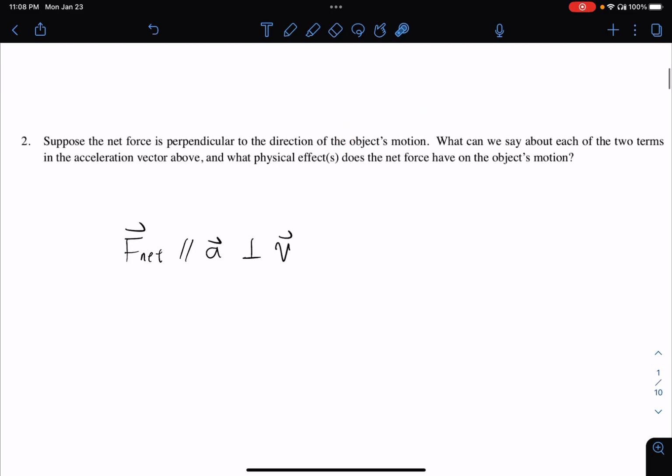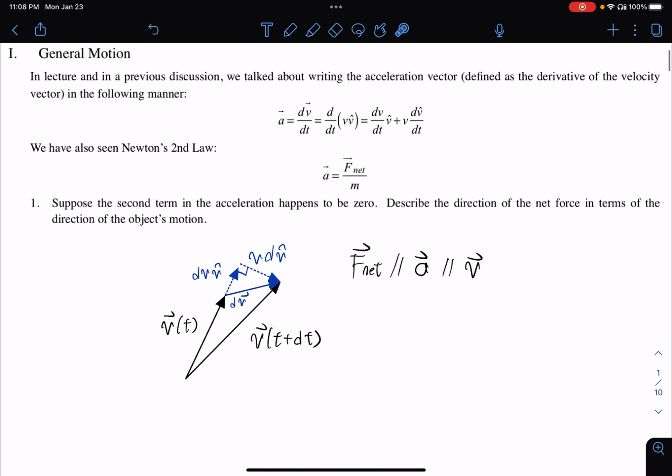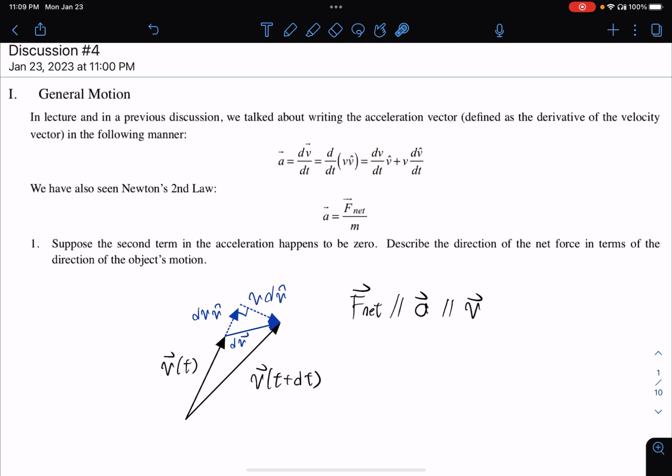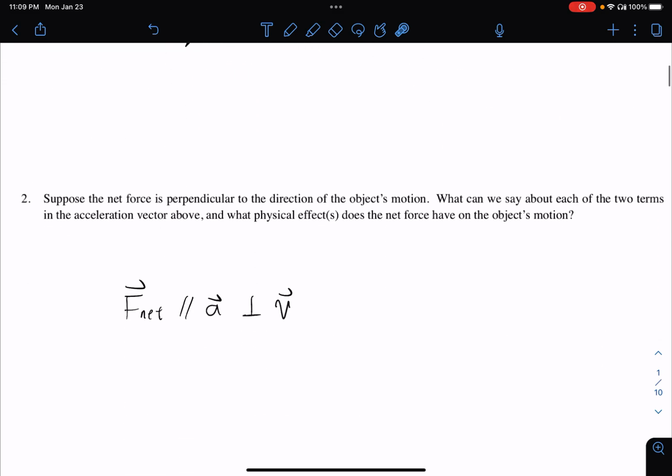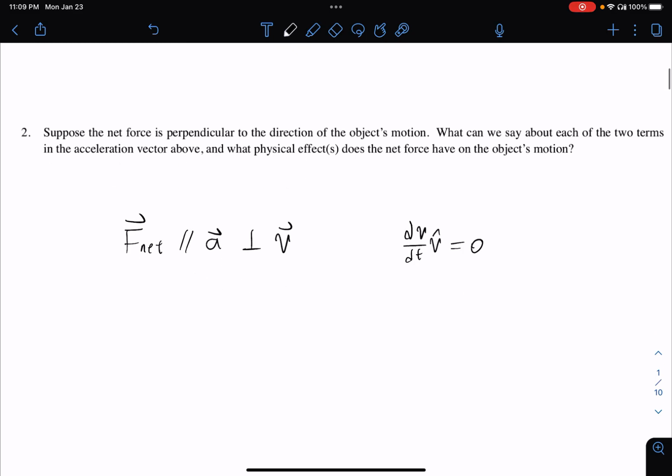So in this case, there's no way that we have a contribution in the first term, because the first term is always parallel to the velocity. Therefore, we know that the first term, dv/dt times v hat, is always going to be 0, and then we will have a non-zero contribution in the second term.